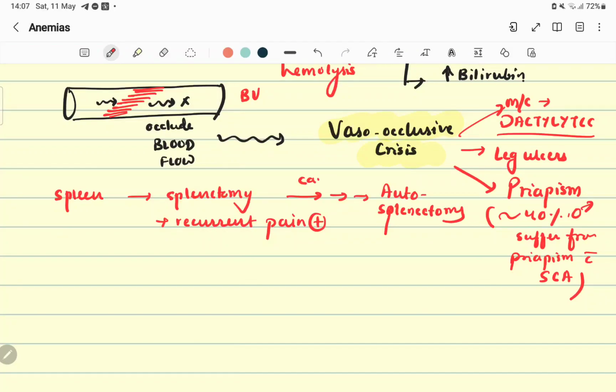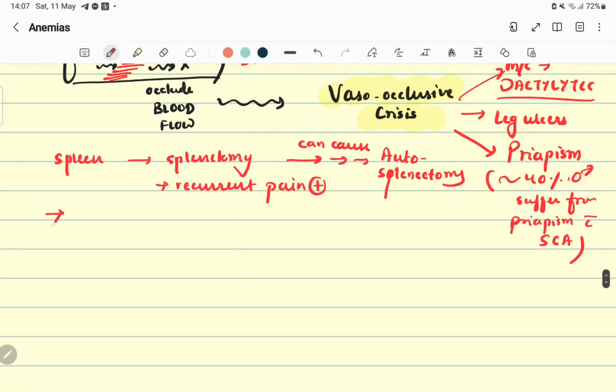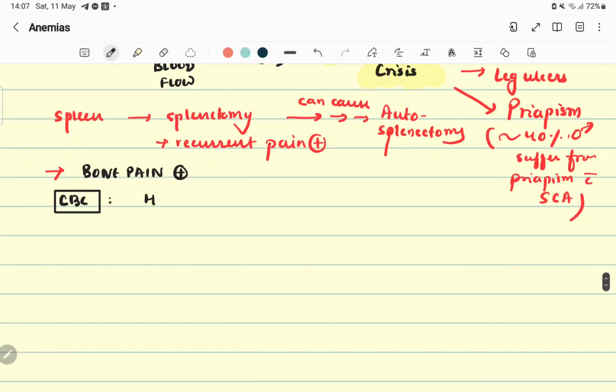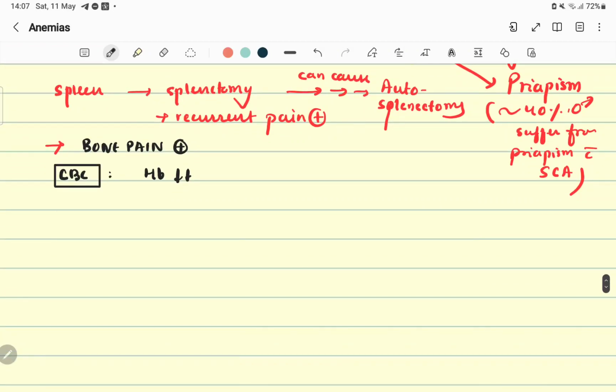And you will also have bone pain associated with this condition. CBC will be again like that previous condition: the hemoglobin will be decreased. The peripheral smear will have some specific findings.